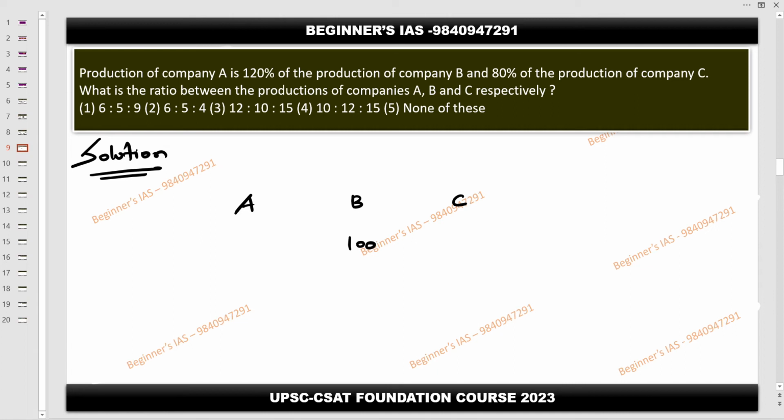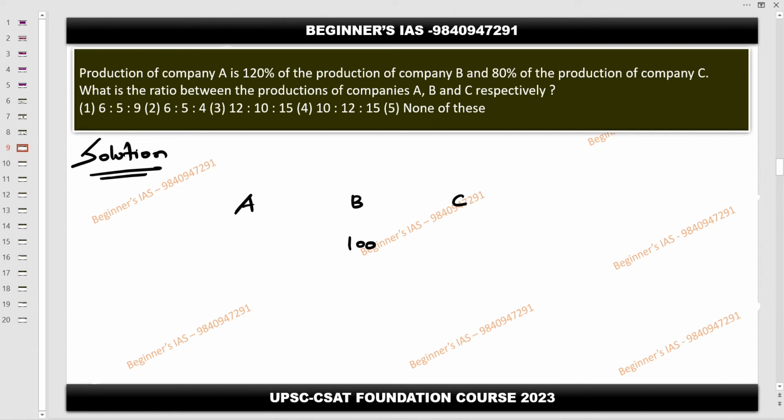Any idea? So now tell me what would be the C? No idea? 96? How is it 96? Sir, B also we have to take something, C also we have to take.